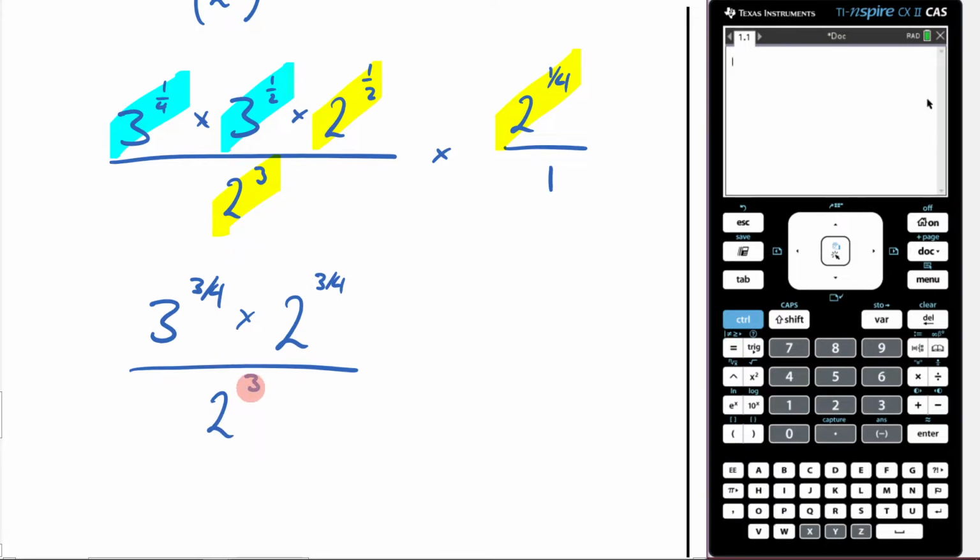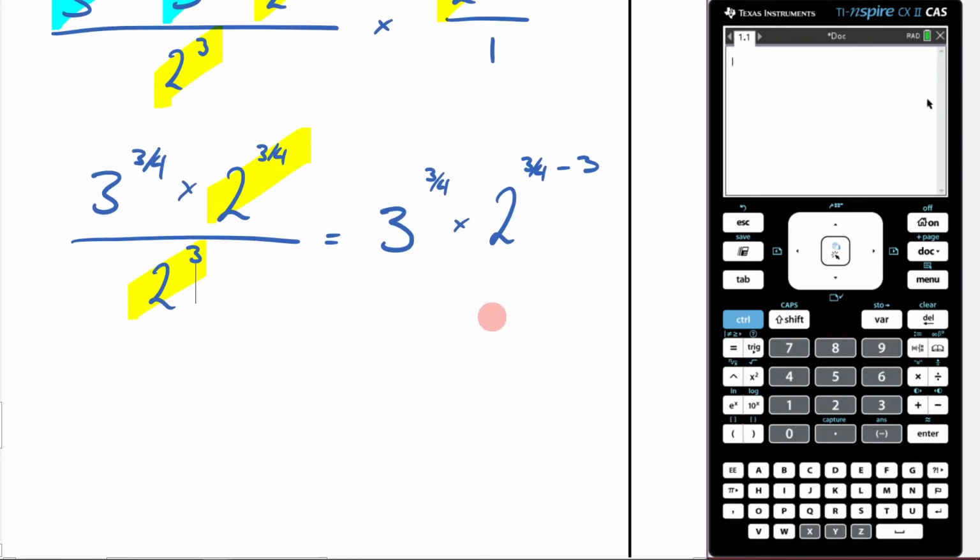Then the next thing that we can do here is we can go, well, what's 3 on 4 minus? So what I can do is I can go 3 on 4 times 2 3 on 4 minus 3. And do you see why I can do that? It's because they've got the same base there. That and that have the same base. So now the question is, what is 3 on 4 minus 3? What is that going to be? Now this is where you might like to make them the same denominators.